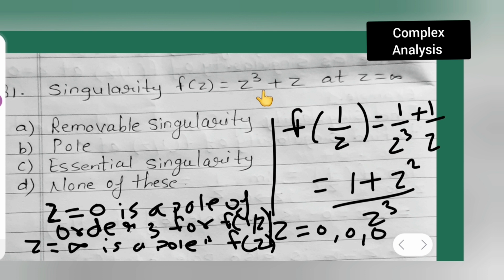So you all have to know this. See, z is equal to 0 is a pole of order 3 for f of 1 upon z, and z is equal to infinity is a pole of order 3 for f of z.